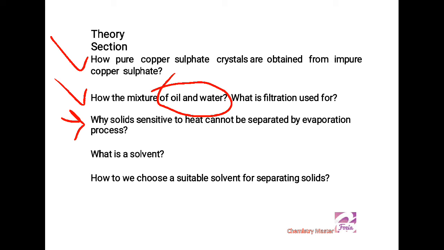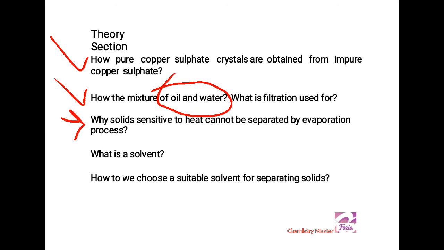But there are certain compounds, mostly organic solids, which are very sensitive to heat because they have comparatively lower melting and boiling points as compared to ionic compounds. So when we heat them strongly, they are decomposed. To avoid their decomposition, they are not separated by the evaporation process.